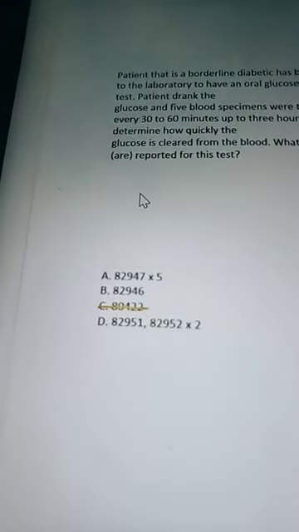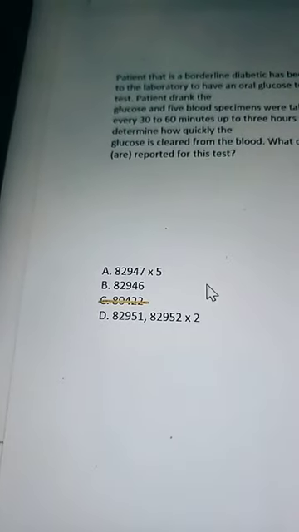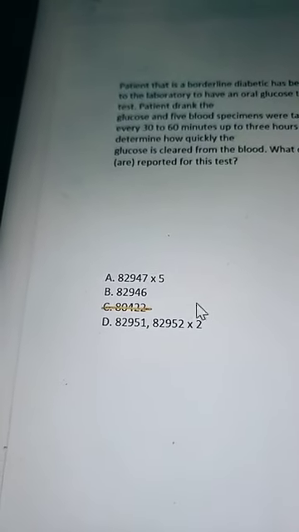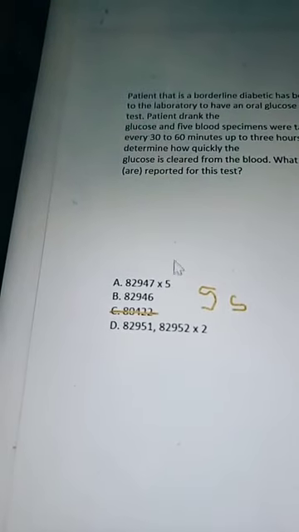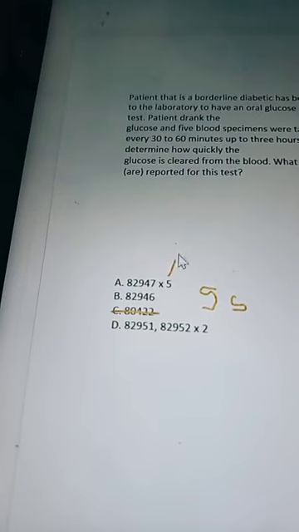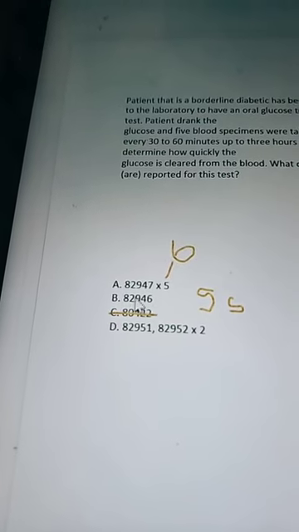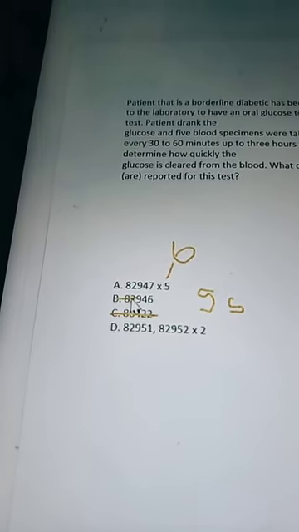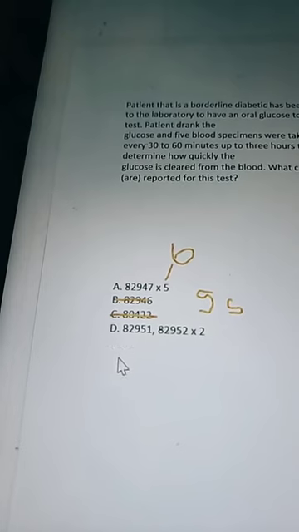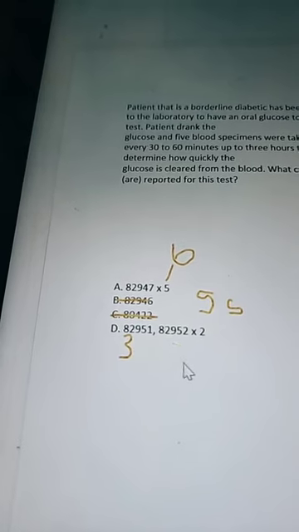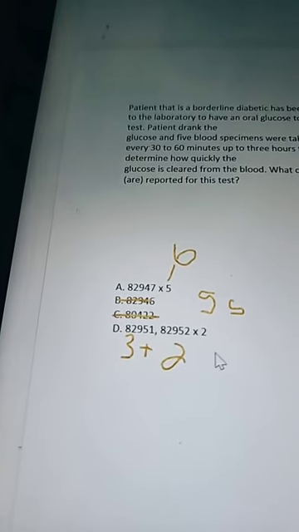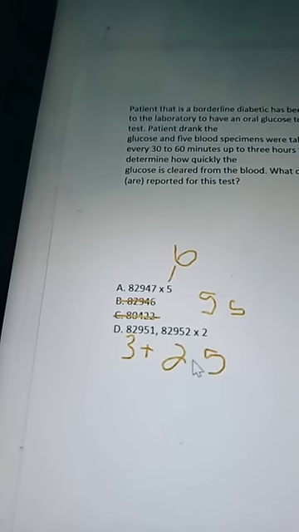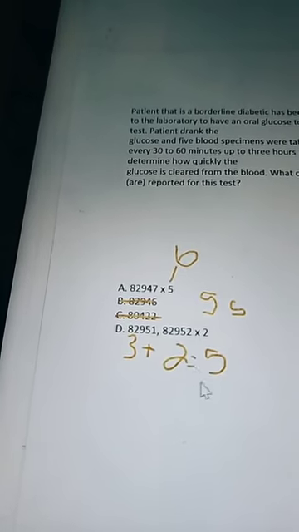I can't do math, but if you have 5 specimens, just absolutely the only way you can get 5 specimens. This one equals 6 for sure. This one's just 1, right? This one's 3, and this is 2 specimens. So if you can add, you know this was the only one that can be 5 for the glucose tolerance test.